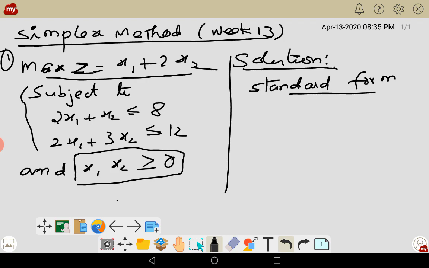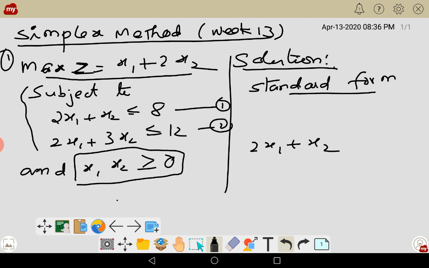We write every constraint, constraint 1, constraint 2, which are inequalities. We will convert these inequalities into equalities. See what is happening here. In the graphical method, we assumed the inequality to be an equality and then drew the straight lines, isn't it?